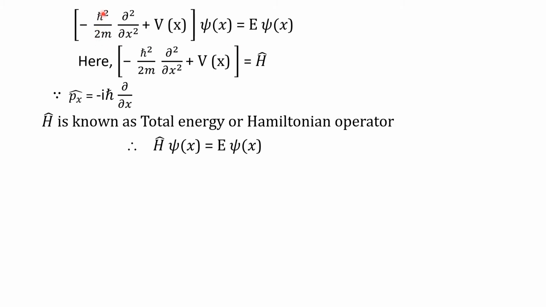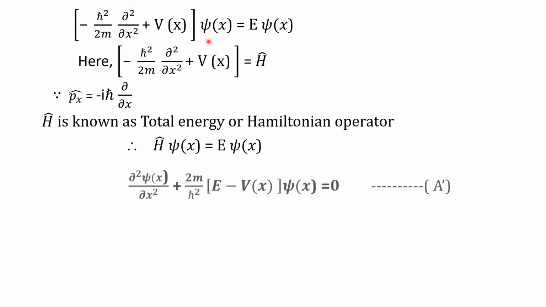Therefore, minus h cross square by 2m into 2m by h cross square cancel, minus minus plus. Simply the term is del square by del x square. The second term is minus twice m into V of x by h cross square, outside we write psi of x, equal to minus twice m E by h cross square psi of x.